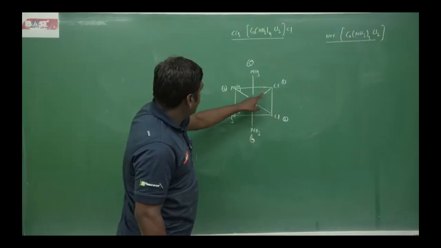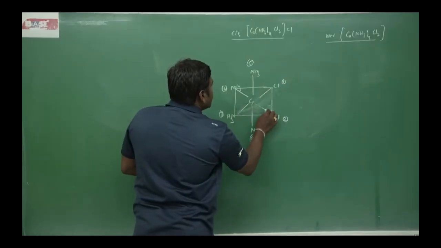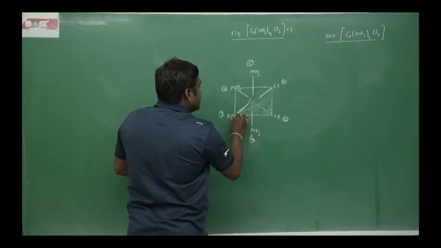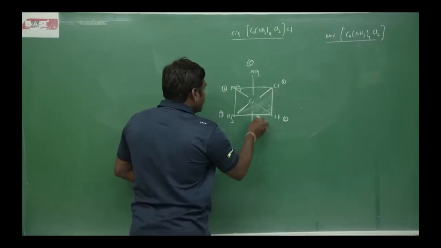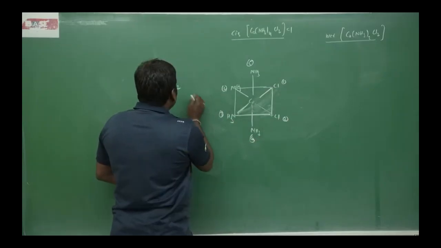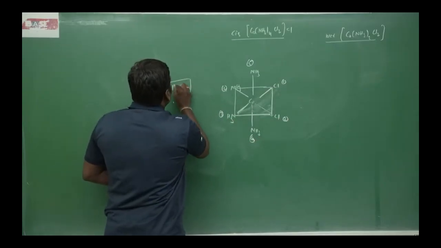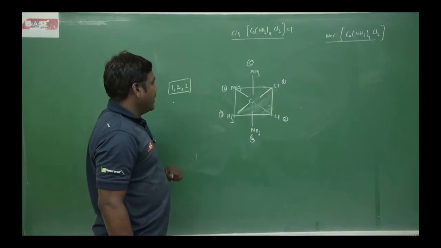This is 1 nitrogen atom. What we shaded now here, this shaded triangle will be there like this manner. In this 1, 2, 3, so 2 chlorine atoms, 1 nitrogen atom. So 1, 2, 3 is a triangular face which contains 2 chlorine atoms and 1 nitrogen.